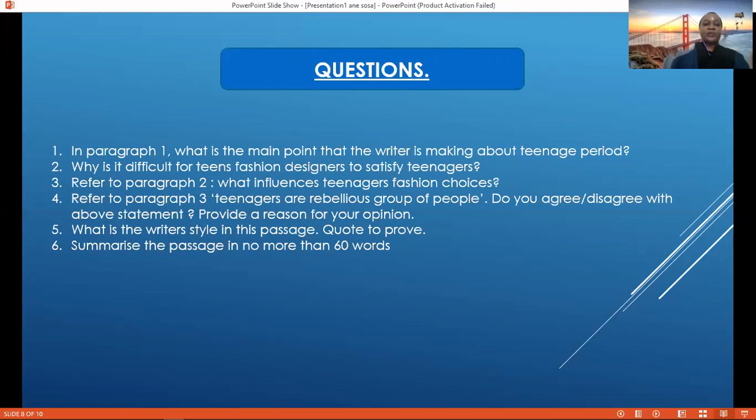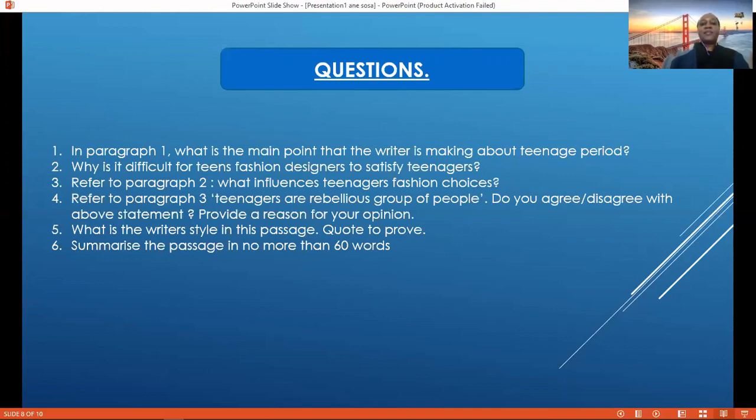Number 2, why is it difficult for teens fashion designers to satisfy teenagers? That is a question which needs you to give a reason, the why question, and also a factual question. The information is stated there in the text.